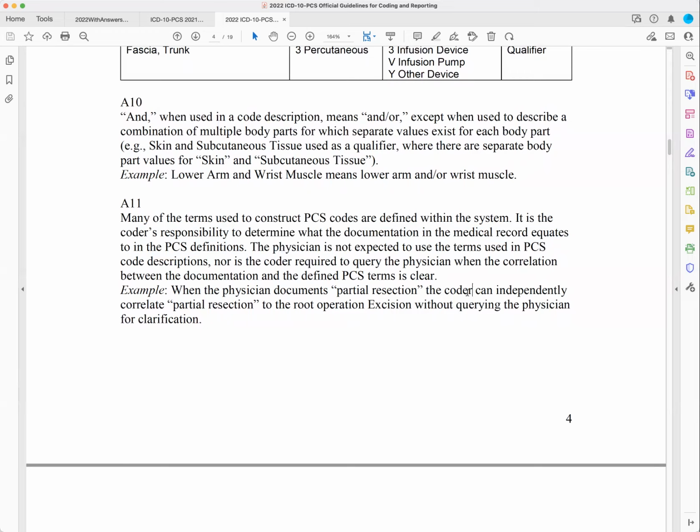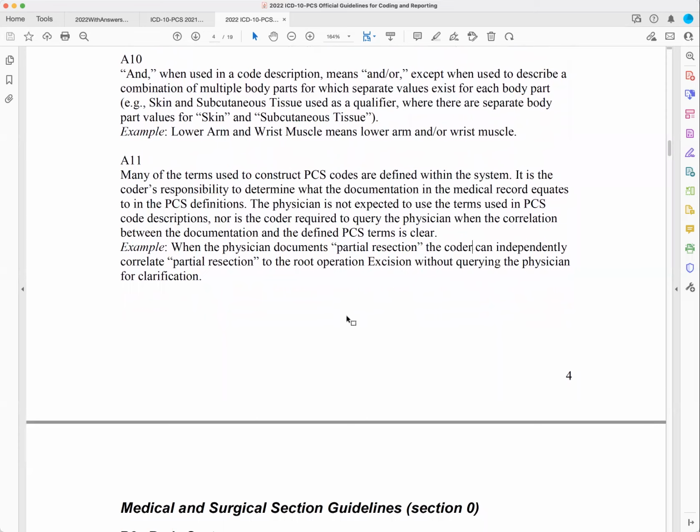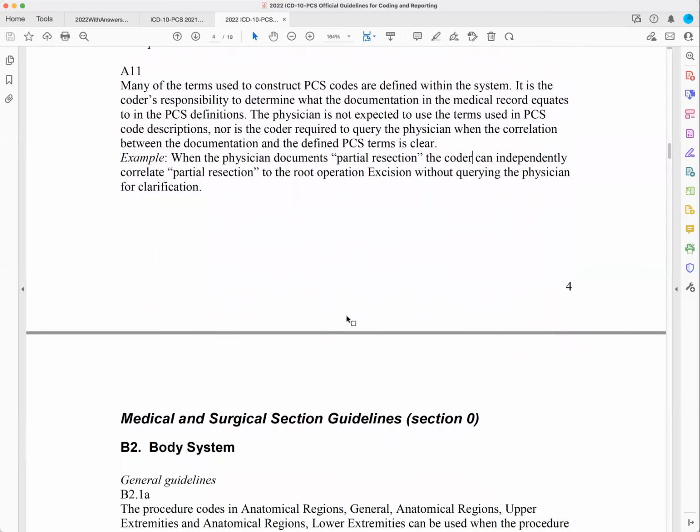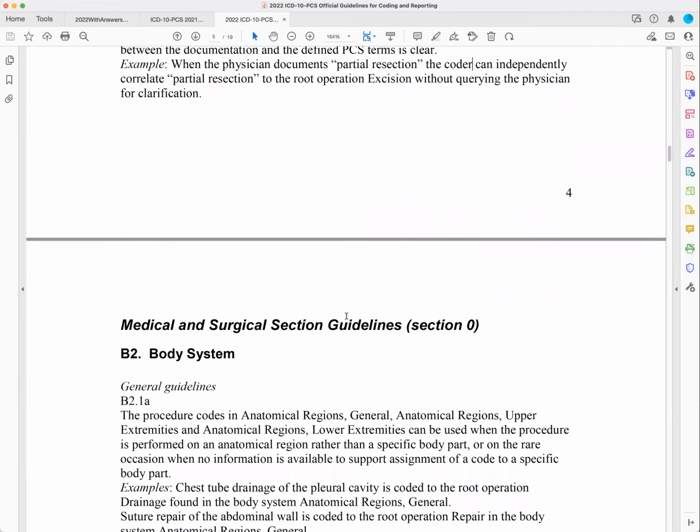You can use your knowledge of terminology and the definitions of PCS, and you can independently correlate that a partial resection means the root operation excision, because that means they took a portion out, not all. So a partial resection would fit the definition of excision. Again, as a coder, it's your responsibility to make that translation. The providers are not required to use the same terminology.